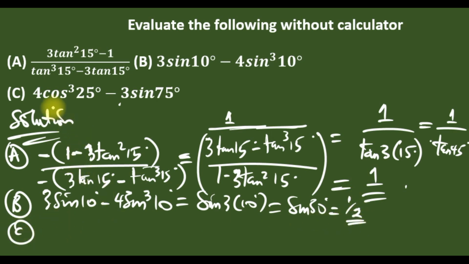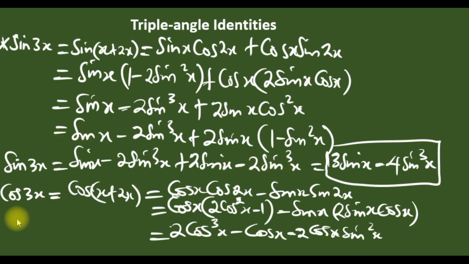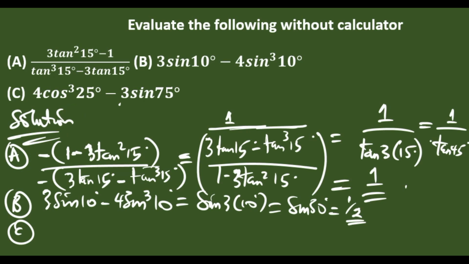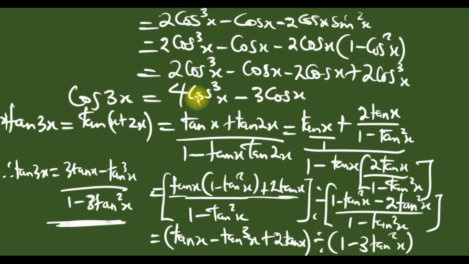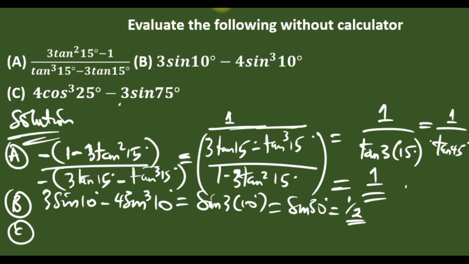Coming to the last one, this looks like our triple identity for cosine. Cos 3x is 4 cos cube x minus 3 cos x. But this one has sine. So this is 4 cos cube x, and it should be 3 cos x.